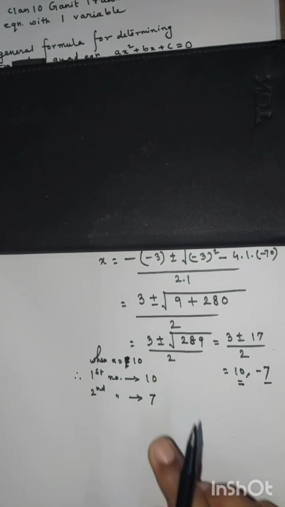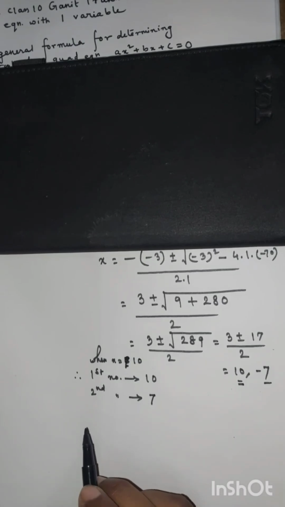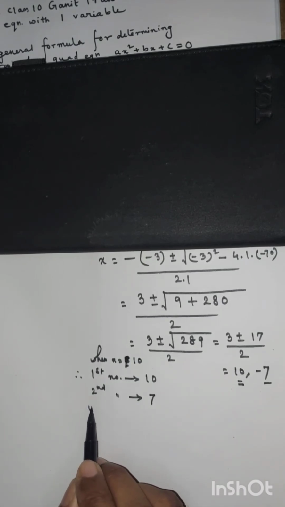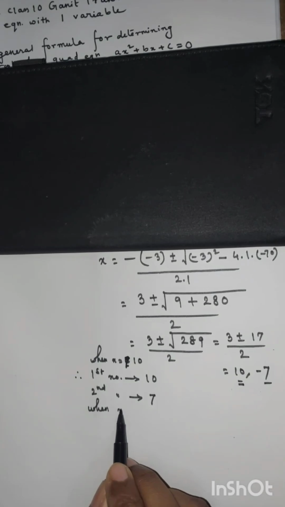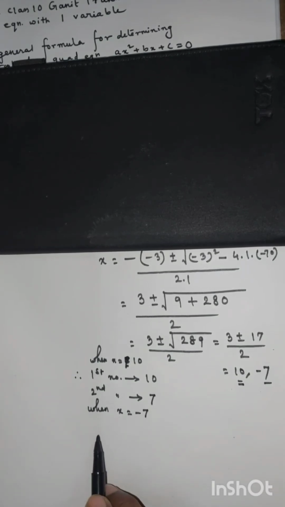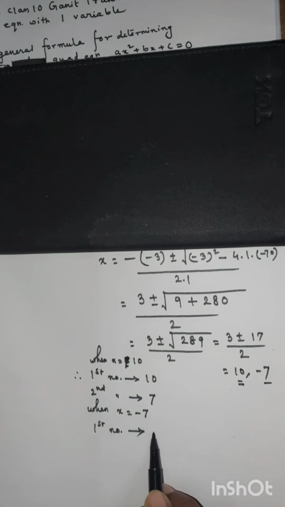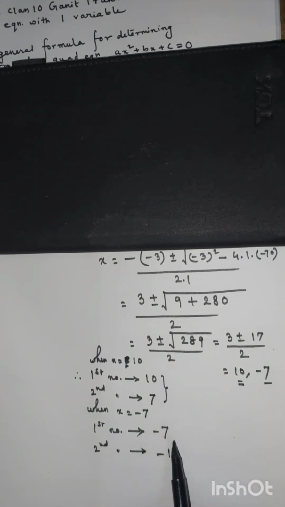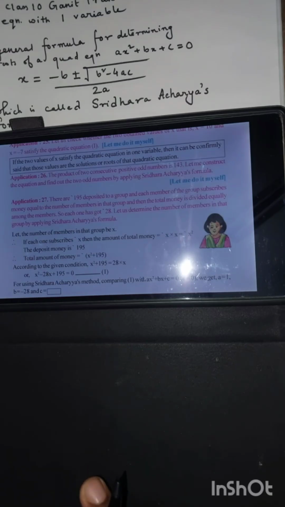And when x equal to minus 7, first number is minus 7 and the second number is minus 7 minus 3, that is minus 10. So these are our numbers.